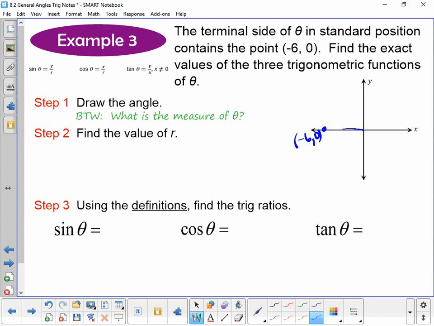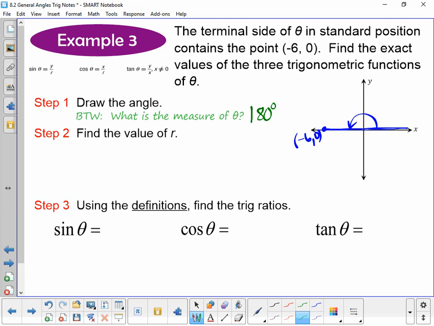If that's the terminal side and this is the initial side, we're talking about this angle. So we're talking about the angle 180 degrees for a minute. Well, first of all, there's not a triangle. There's not even a reference triangle this time.